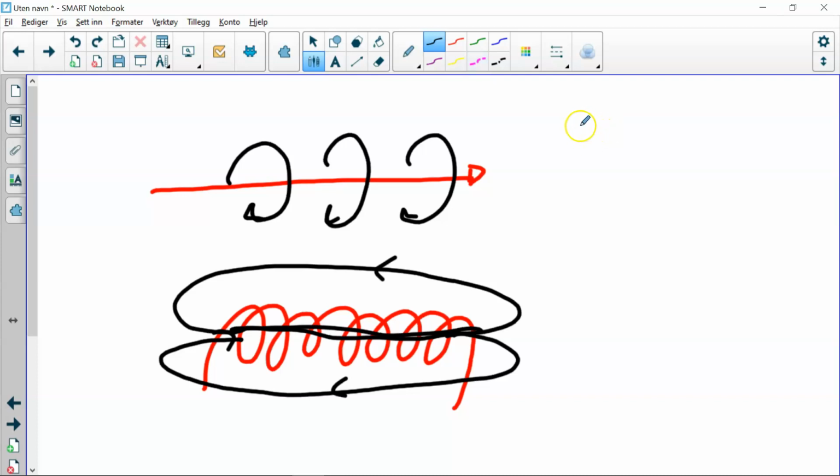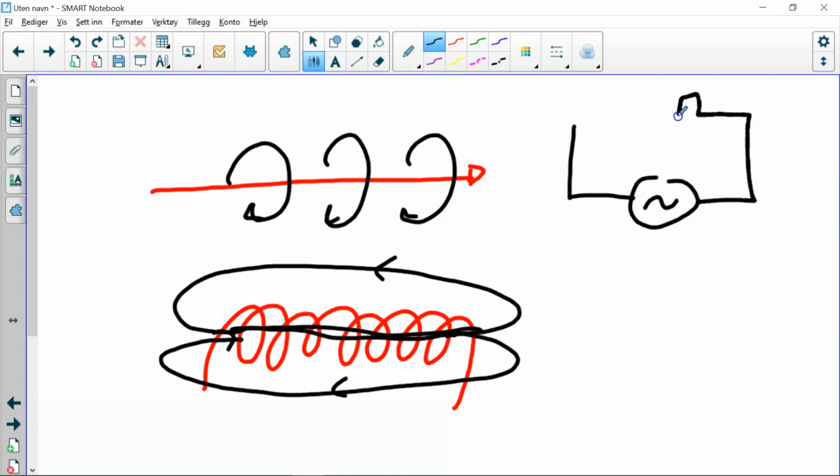So in a circuit with an alternating current source, just like the one we had with the capacitor, if I have an inductor, which is symbolized like this, this will represent an impedance which resists the change in current.